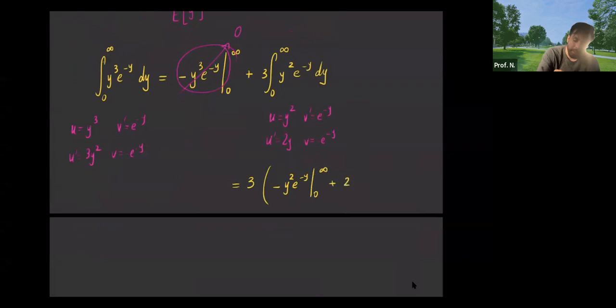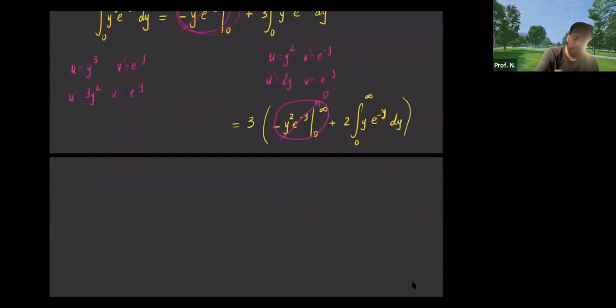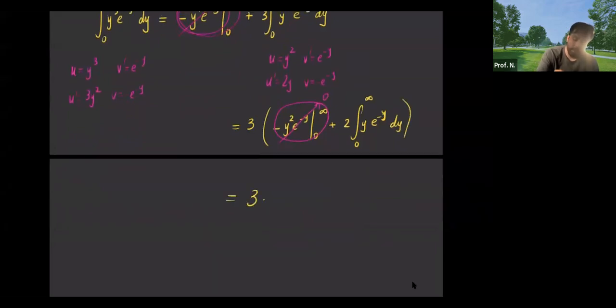This becomes plus the integral from 0 to infinity of 2y e to the negative y dy. By the same reasoning, this expression goes to 0 as well. And then I get 3 multiplied by, and this becomes 2.